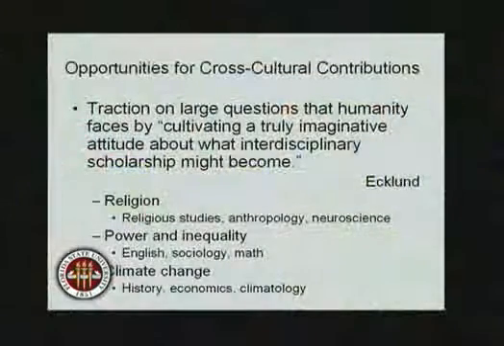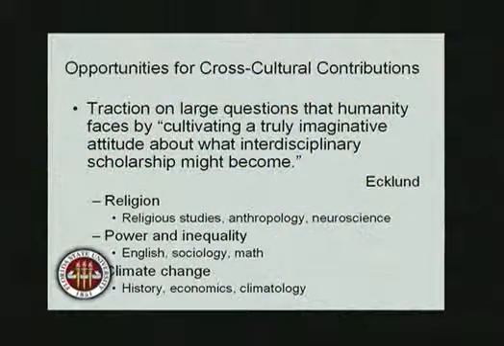But just to bring things further along here, another opportunity for cross-cultural contributions. Dr. Elaine Ecklund made the statement that we can get traction on the large questions that humanity faces by cultivating a truly imaginative attitude about what disciplinary scholarship might become. So I think it's very important to use our imaginations to dream about how these different cultures could come together.